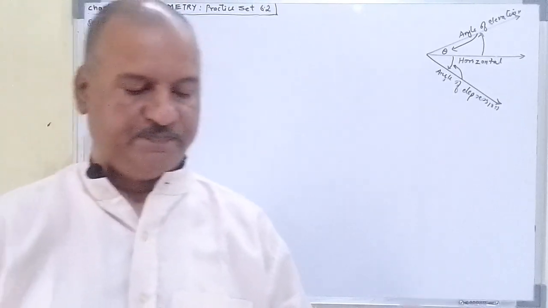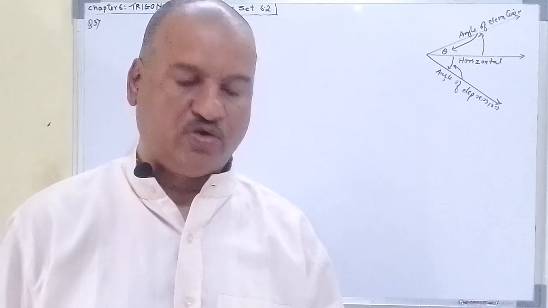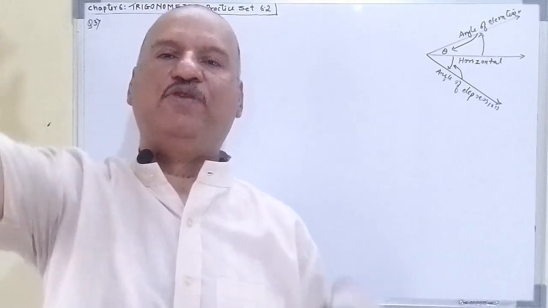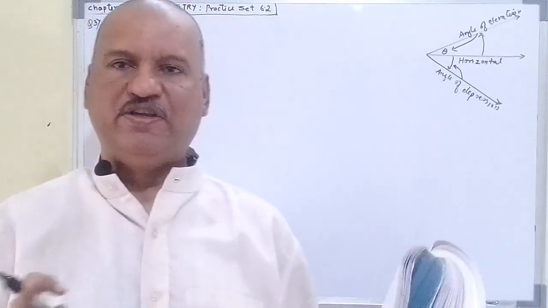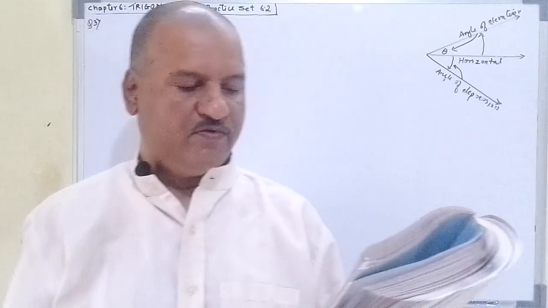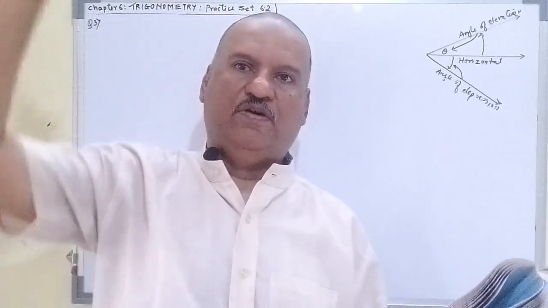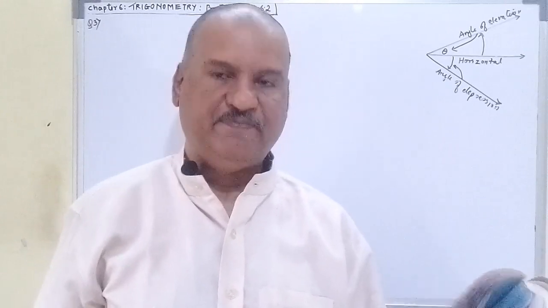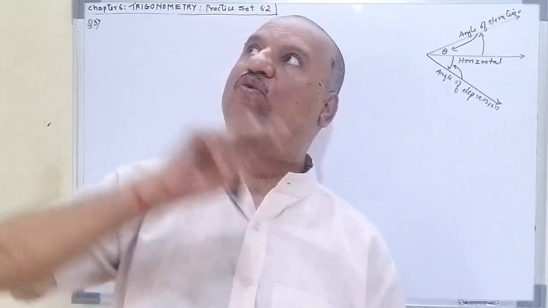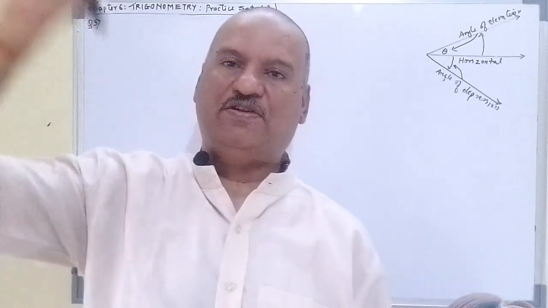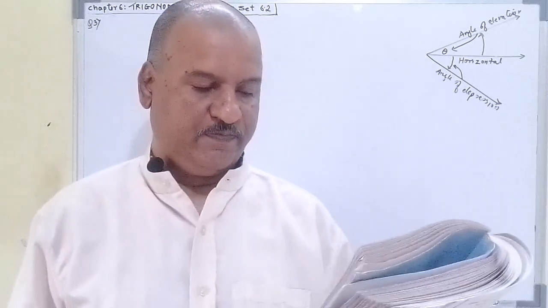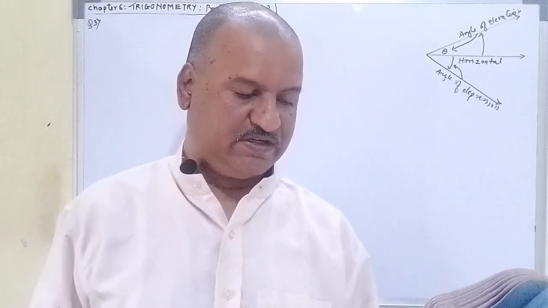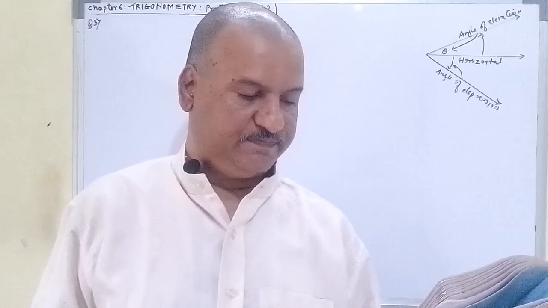Two buildings are facing each other on a road of width 12 meters. One is a big building, one is a small building. What is the distance between the two? 12 meters. From the top of the first building, which is about 10 meters high, the top of the smaller building to the top of the bigger building is joined with a string. The angle of elevation of the top of the second is found to be 60 degrees. What is the height of the building?